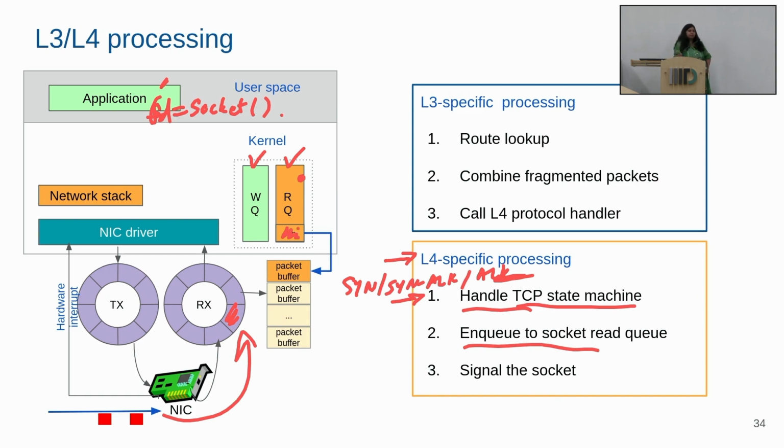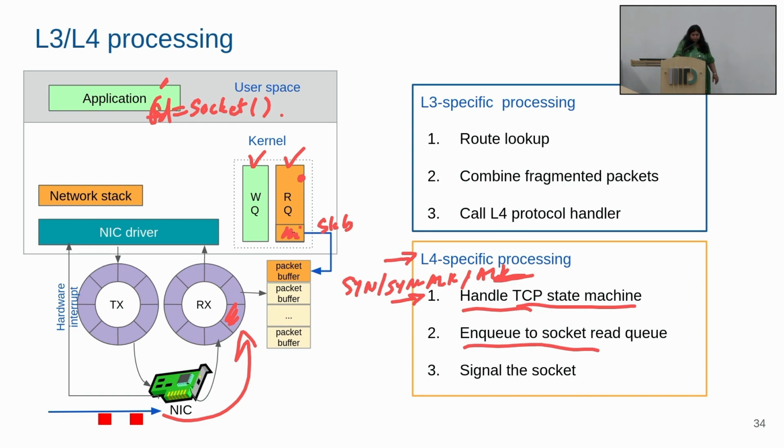Next question: do we enqueue the packet in the read queue or a pointer in the read queue? The answer is you just enqueue the pointer, and when I say pointer, I mean the sk_buff struct. So note, there is no copy made for a packet within the kernel by the CPU. There is only one copy for the entire processing, which is DMA'd from the NIC into the kernel. No other copies are made.